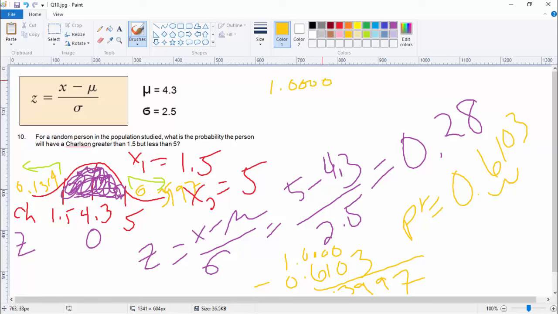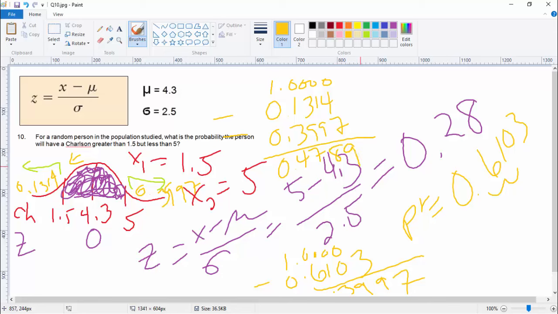Okay. Now that we've gotten these two little pieces, if we take 1.0000, and again use your calculator, and we minus the first one, which is 0.1314, and then we also minus from that the second one, which is 0.3997, we're going to trap the middle purple part, and the answer for the purple part will be 0.4789.